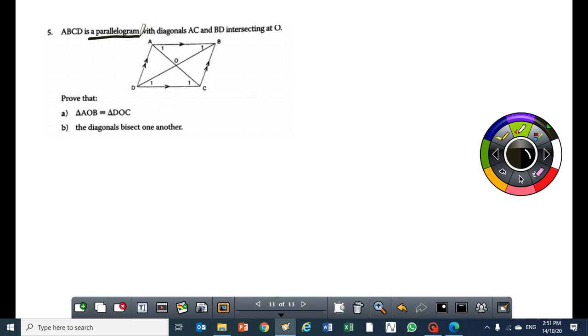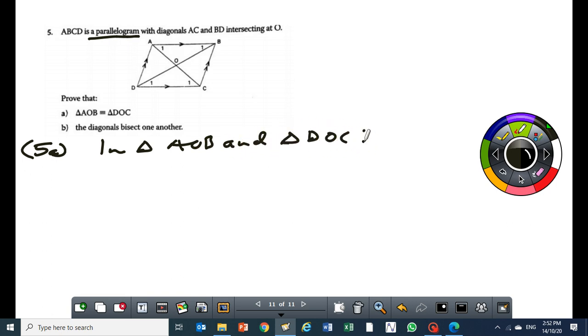Okay? So I want to prove that AOB is equal to, sorry, AOB is equal to DOC. Now, first, I'll write here in triangle AOB and triangle DOC. That's the first thing.